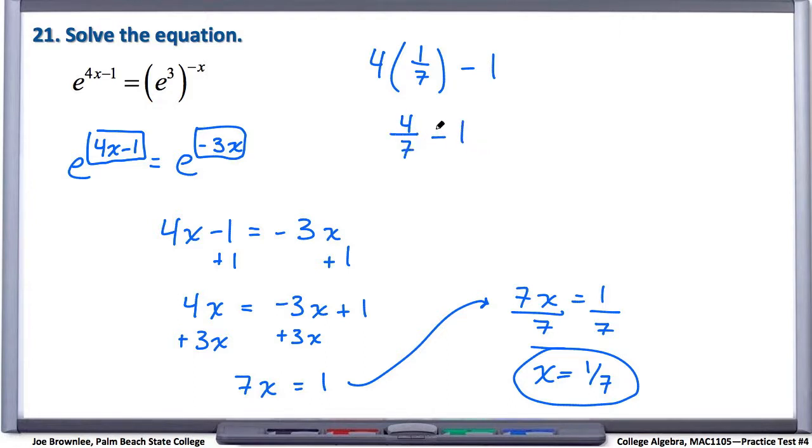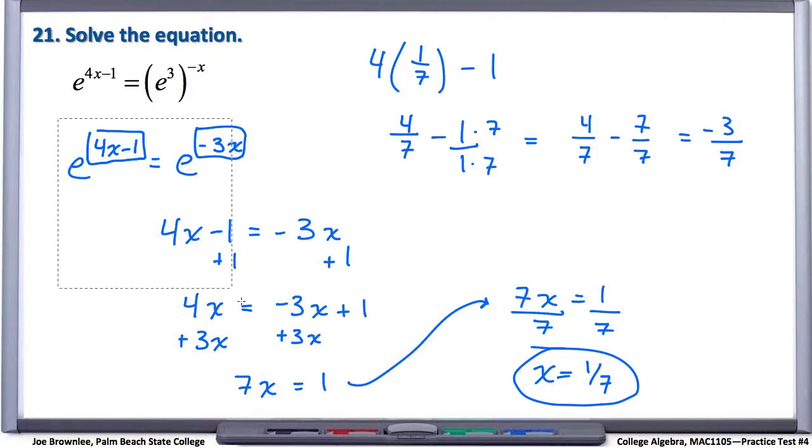Again, when you add and subtract fractions, you need a common denominator. Right now this is 1 over 1, so if we have a 1 and a 7, we know our common denominator will be 7. And so really what we have is 4 over 7 minus 7 over 7, which is negative 3 over 7.